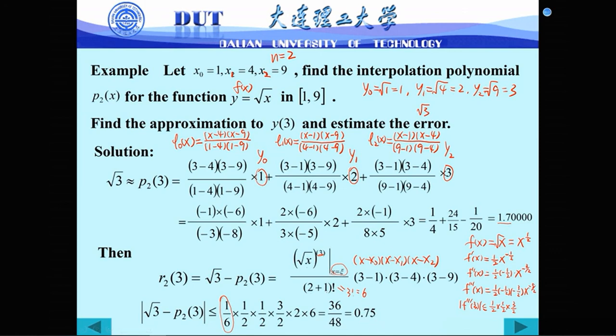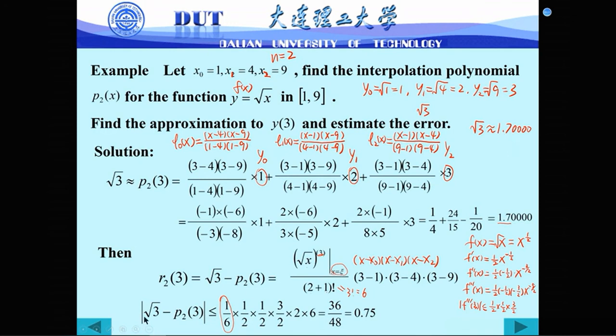Okay, so that means we estimate, okay, I write here, square root 3 by 1.7000. Okay, if we choose, okay, 1, 2, 3, 4, 5, 6 digits, but we only have 2 significant digits, right? 1 and 7, 1.7.